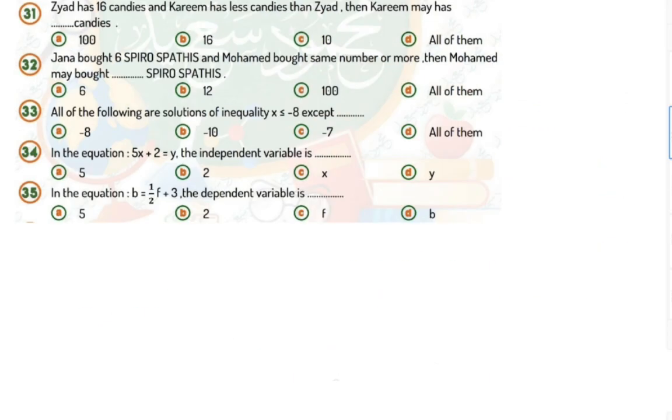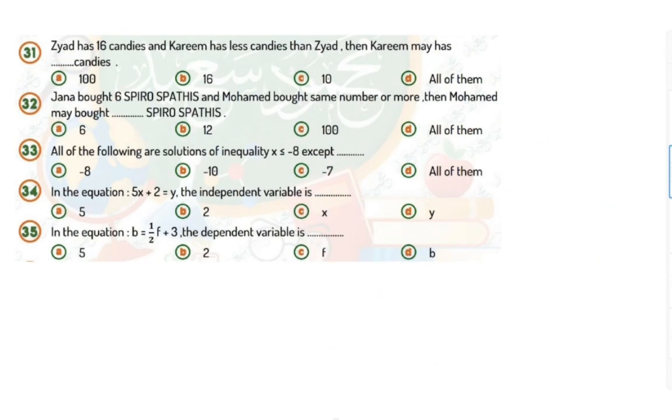Let's get started. The first point of choose, question 31. Ziad has 16 candies and Karim has fewer candies than Ziad. Then Karim may have what number of candies? Note with me. Ziad has 16 and Karim has less than 16.